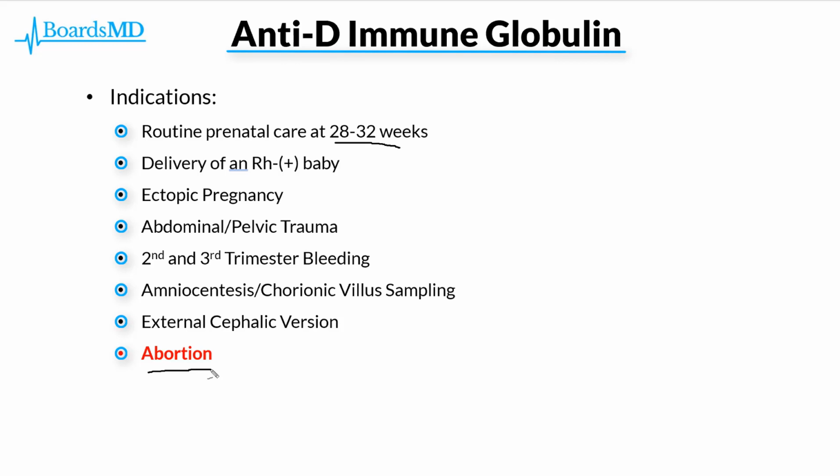Therefore, it is important to recognize that abortion is indeed an indication for the use of anti-D immune globulin in those patients who are at risk for isoimmunization.